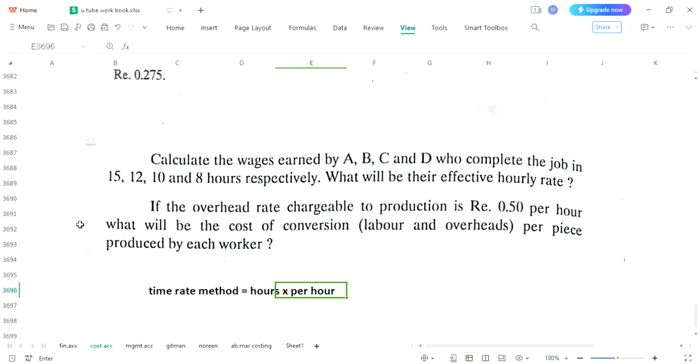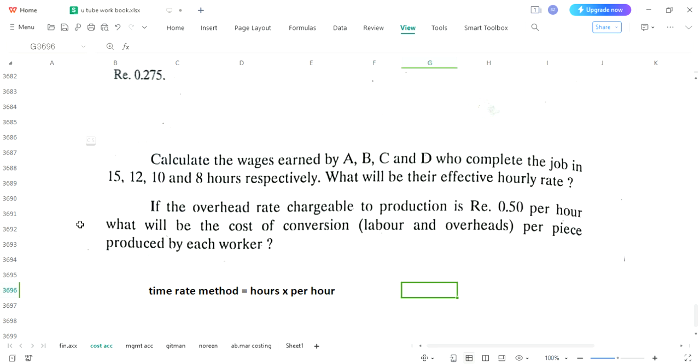A worker works in your manufacturing concern, you note how many hours he has worked, a rate is decided with him per hour, and the per hour rate is multiplied by the number of hours worked. In this way you calculate wages.